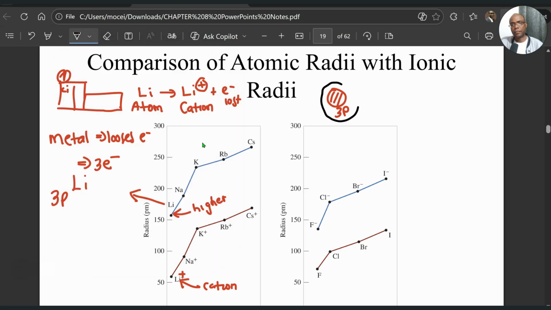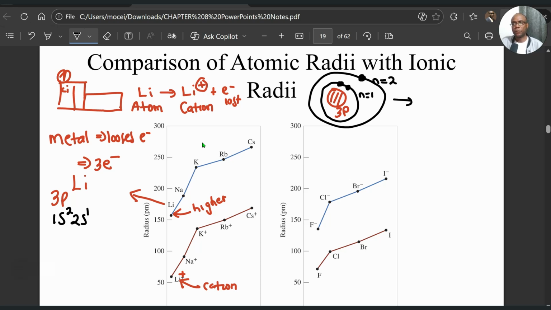And then lithium goes 1s2, 2s1, right? So there are 2 electrons here in n equals 1. The other electron will be where n equals 2. Why? n equals 1 carries a maximum of 2 electrons.